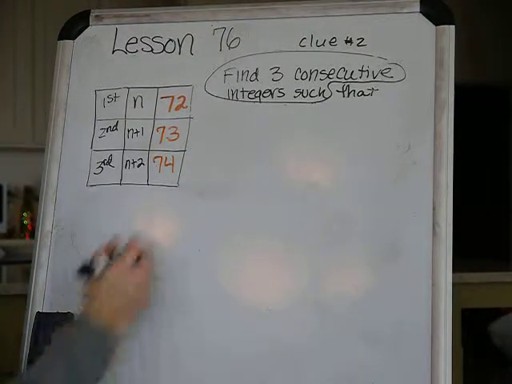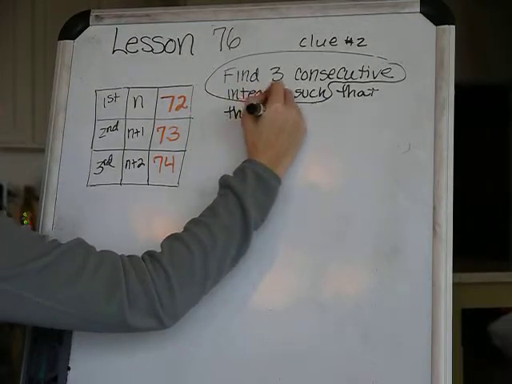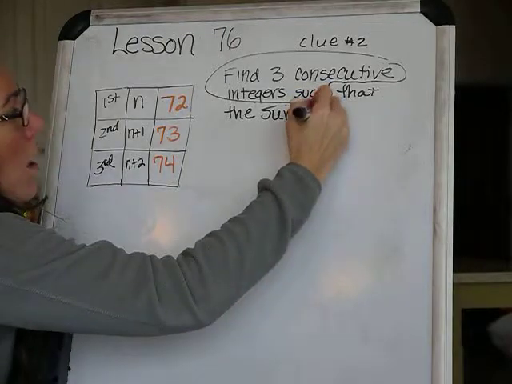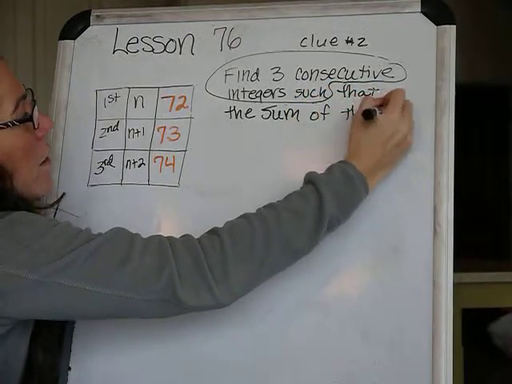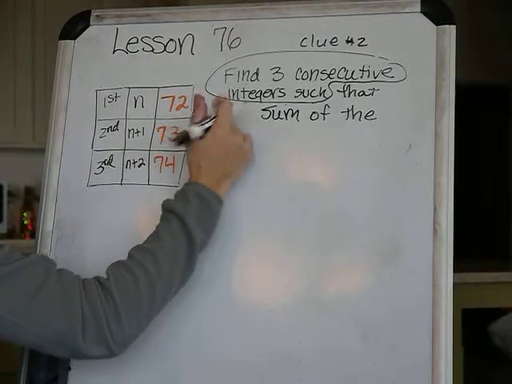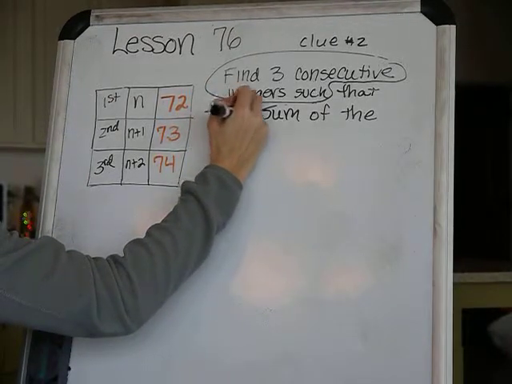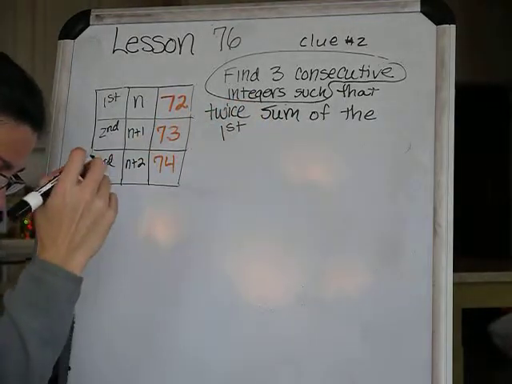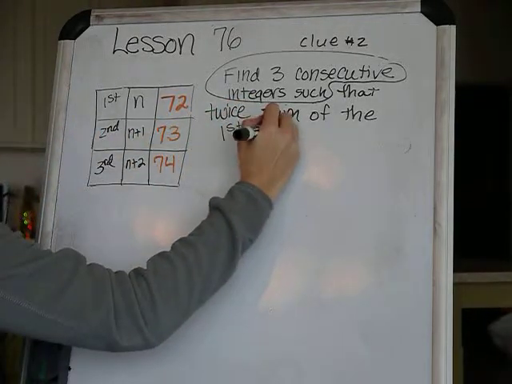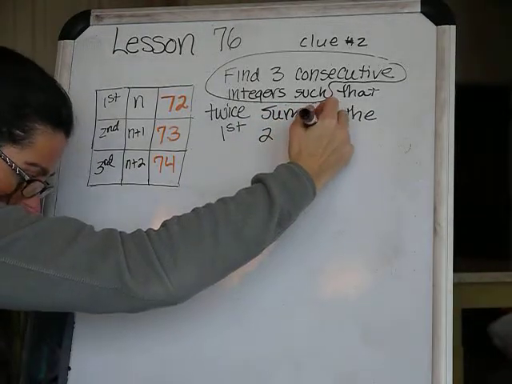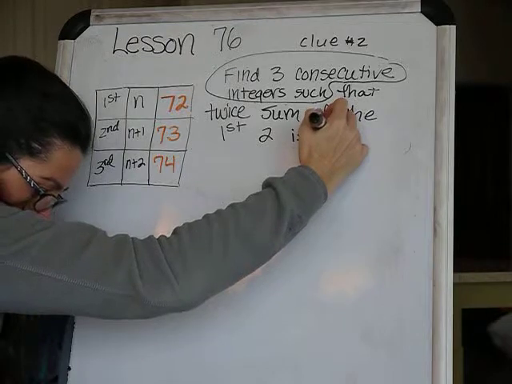Such that twice the sum of the first two numbers is 2 less than 3 times the third.